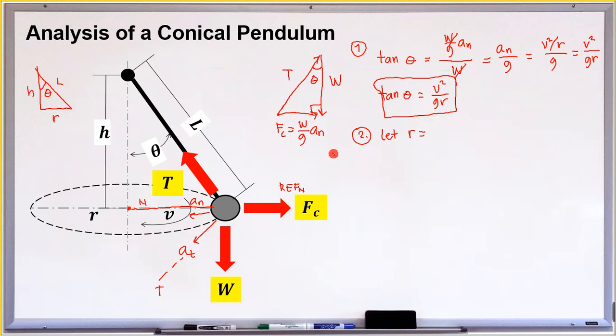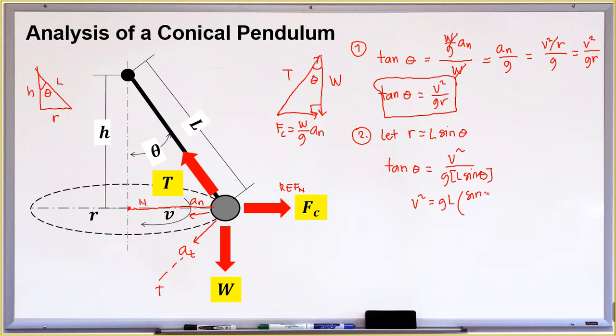So our R equals length times sine of theta. So if we substitute that, we have tangent theta equals V squared over g times L sine of theta.